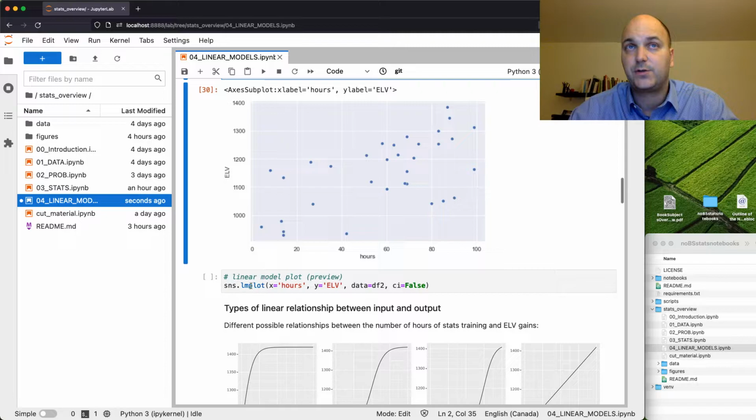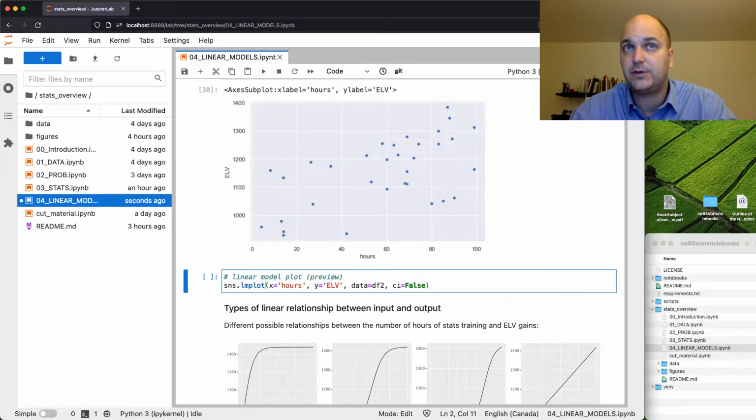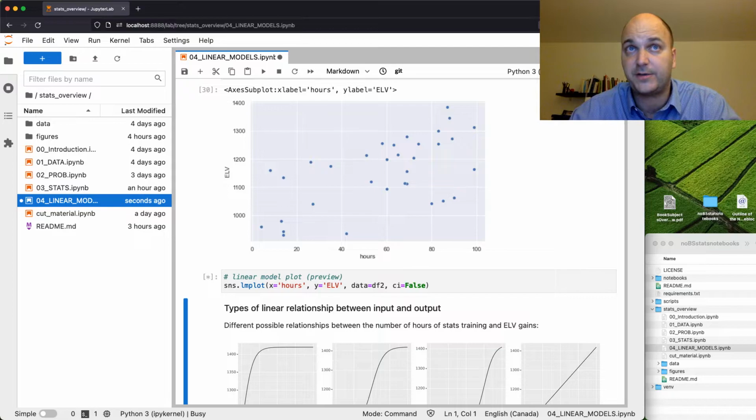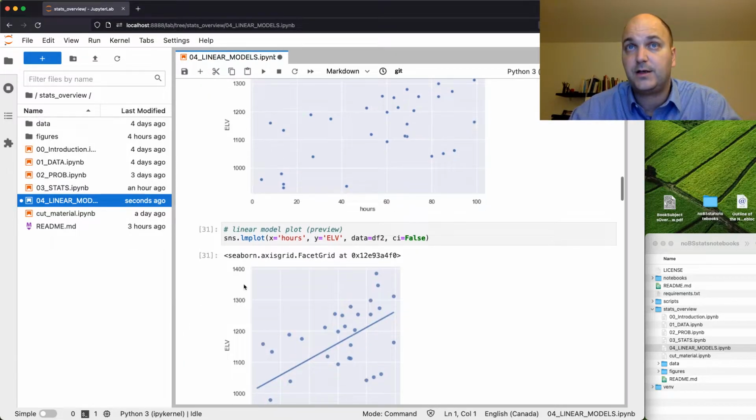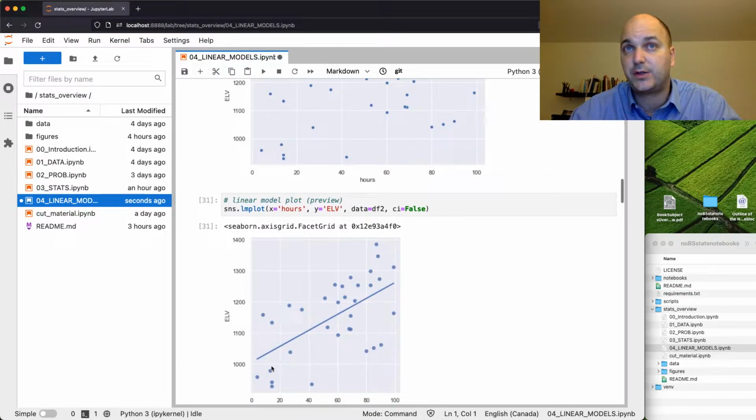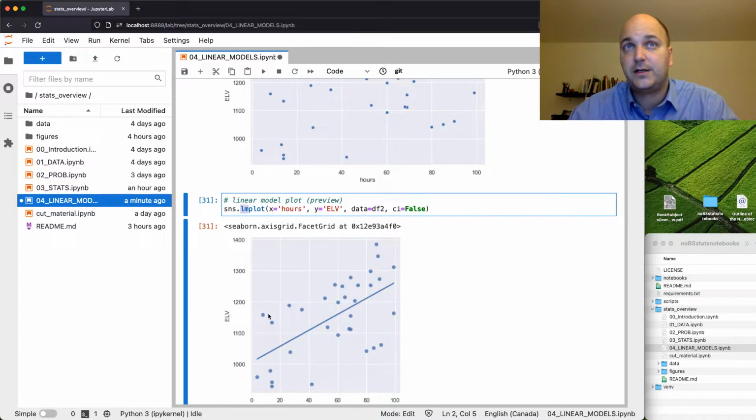Spoiler: Seaborn can fit the linear model for you and plot it by calling this one command. This is what the best linear model looks like. The name should tell you: linear model means it looks like a line.